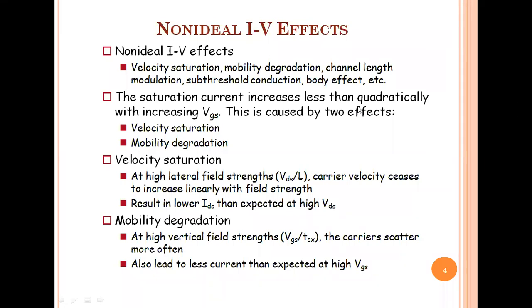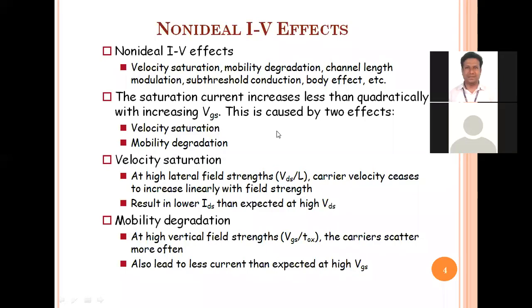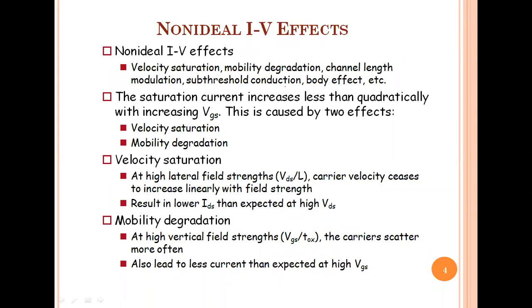Now, according to the NMOS transistor, I will explain the accumulation mode. When we apply a negative gate voltage, always we are applying the input voltage at the gate, right? When we apply a negative gate voltage, the applied voltage attracts more holes toward the gate terminal.